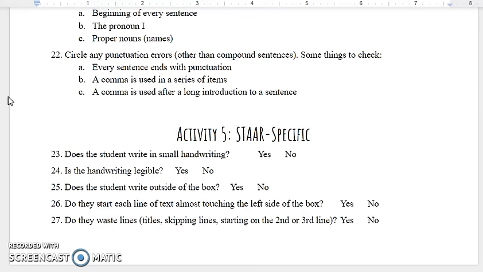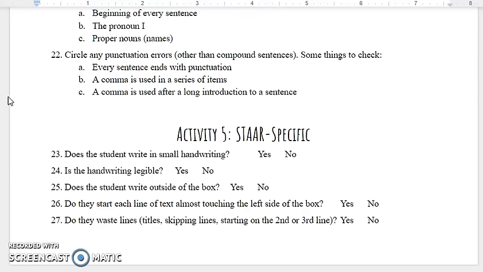You put a title. You don't need titles. You skipped lines instead of indenting for a paragraph. You started on the 2nd or 3rd line. So they were asked to analyze your use of the space. Remember, you're given exactly 26 lines of text. And so if you wasted lines on these things, you could essentially run out of room.